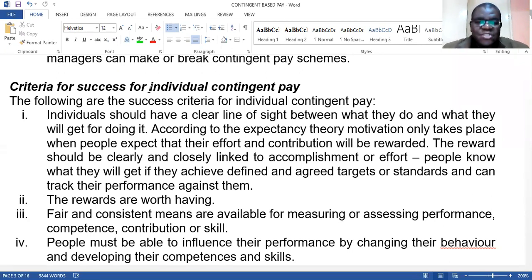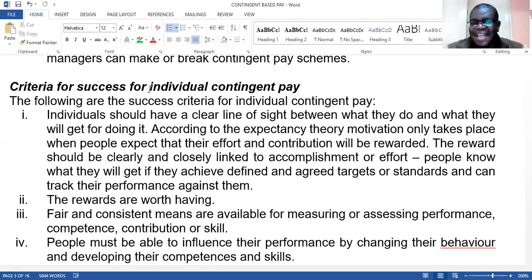One, you want to have clarity between what I am doing as an individual and the rewards that I will get at the end of it.